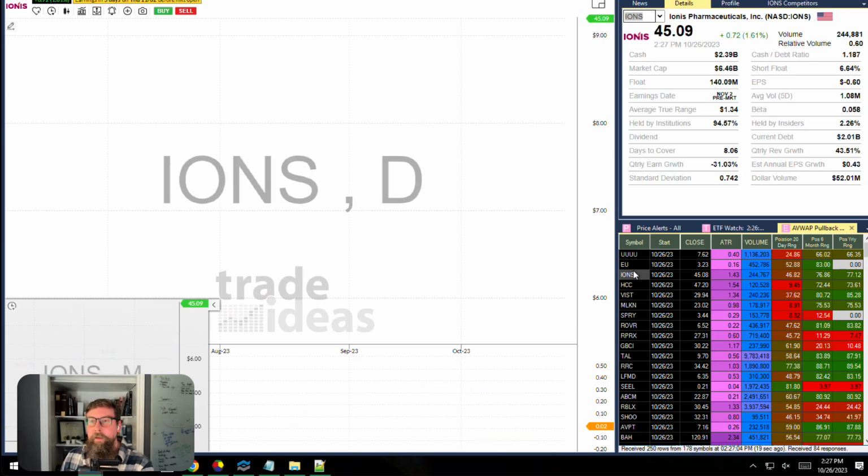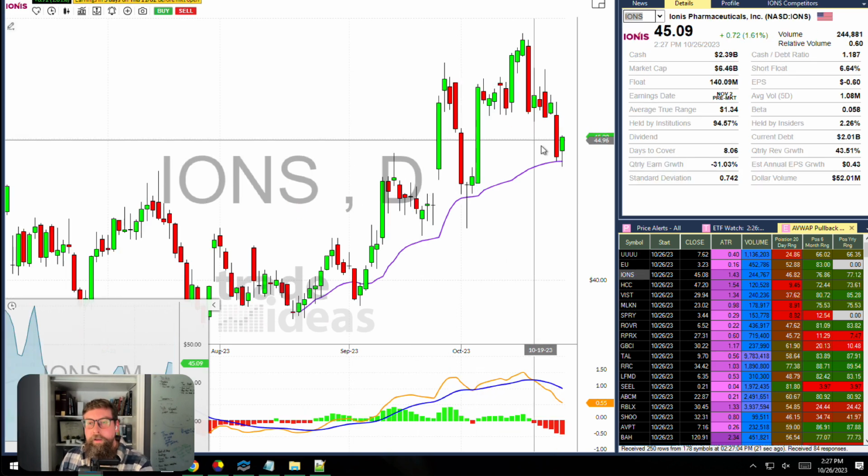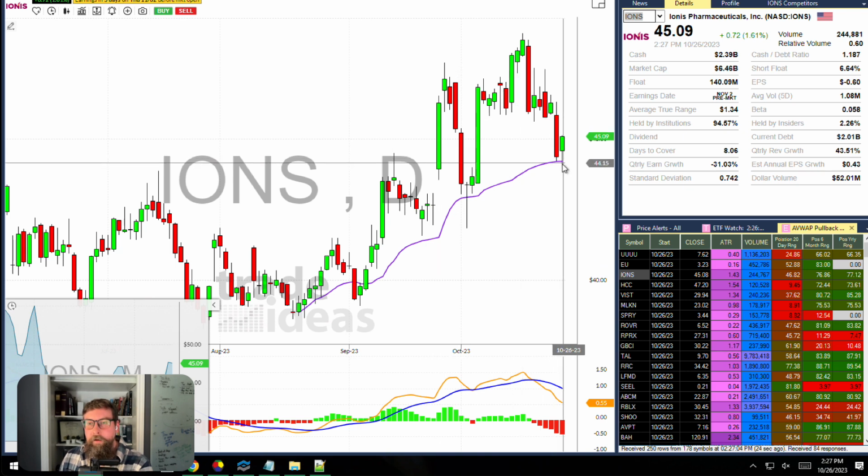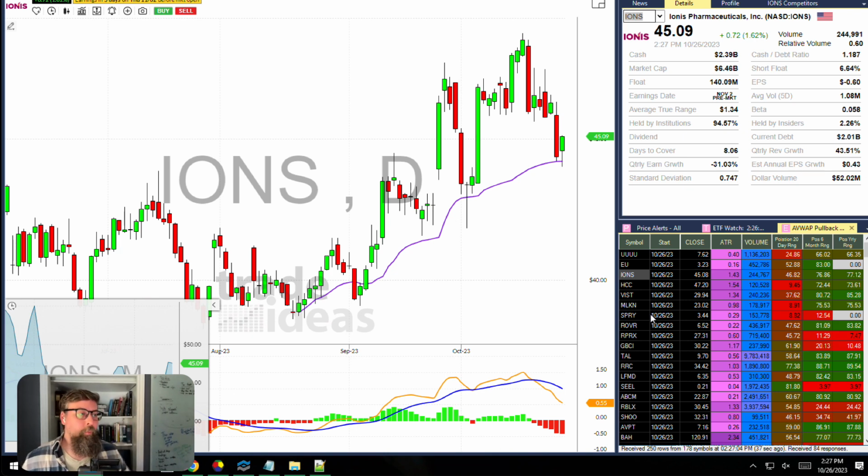As I click on these names, you can see they're being drawn in for me here. INOS came into this anchored VWAP right here and is now bouncing off of it. So a lot of what we're doing is we're trying to build in popular trading and popular scanning techniques for whatever it is that you look for as a trader, and then we're trying to help you along there.